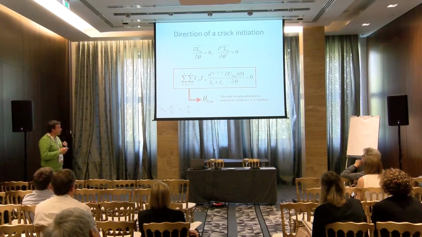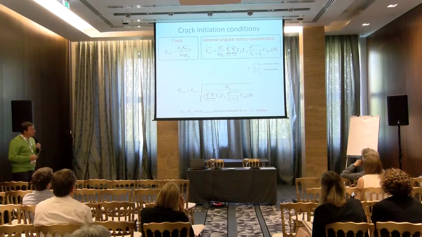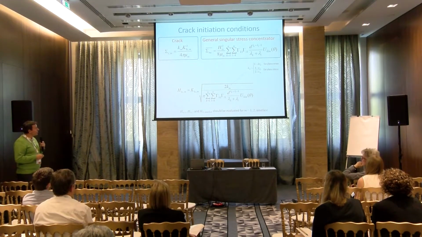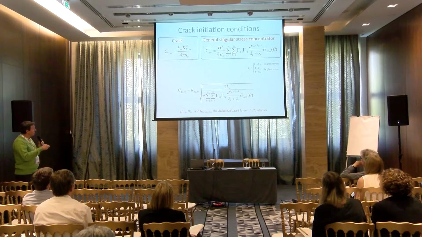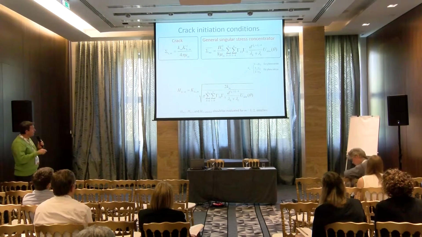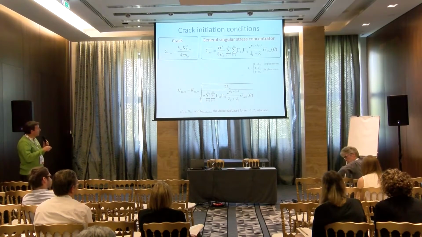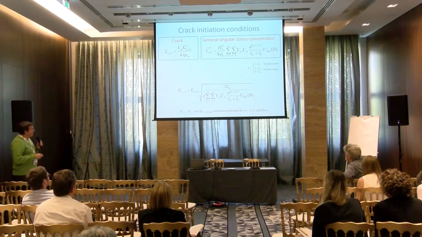So that was the crack initiation direction, and when we want to get crack initiation conditions, we must have a critical value of strain energy density factor. It originates from the case of a crack. For the case of a crack, the critical value of strain energy density factor depends on K1C fracture toughness.